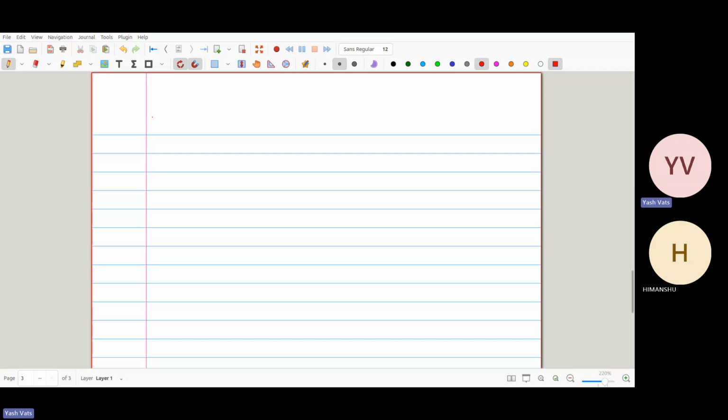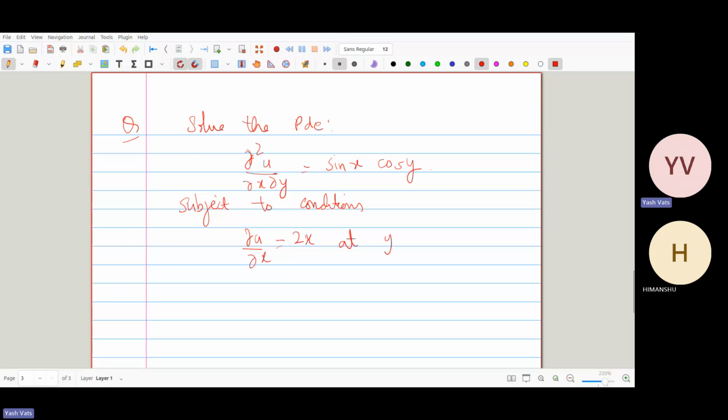So the question is: solve the PDE del 2 u over del x del y equals sine x cos y, subject to conditions del u over del x equals 2x at y equal to pi by 2, and u equals 2 sine y at x equal to pi.